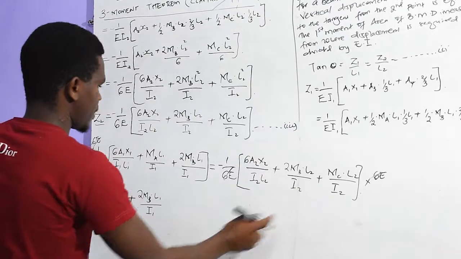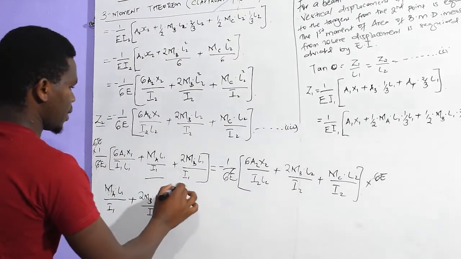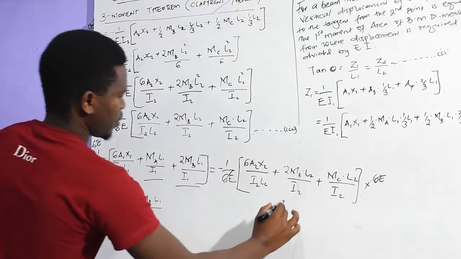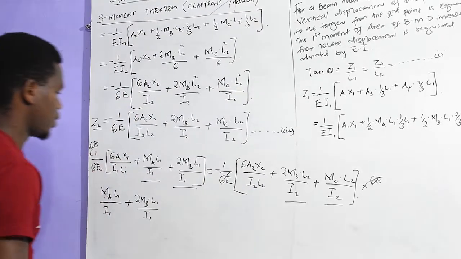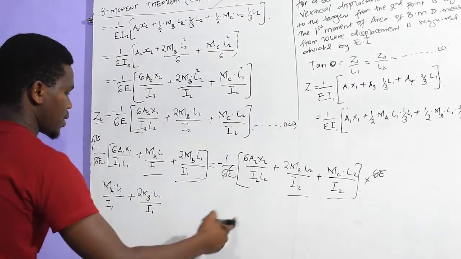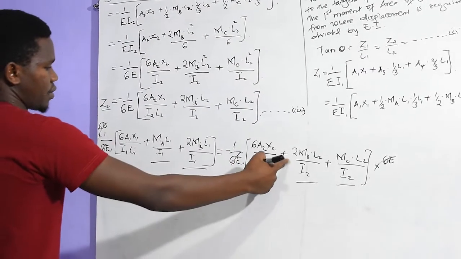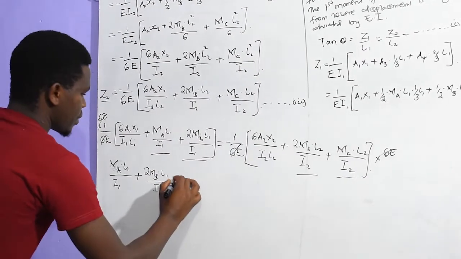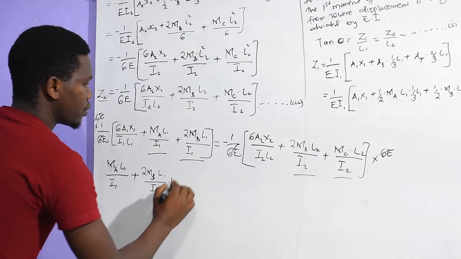We have these moments. Remember, we are taking this one, this one, this one, and this one, like so. Remember it has a negative here, so when it comes to this side, it becomes positive.